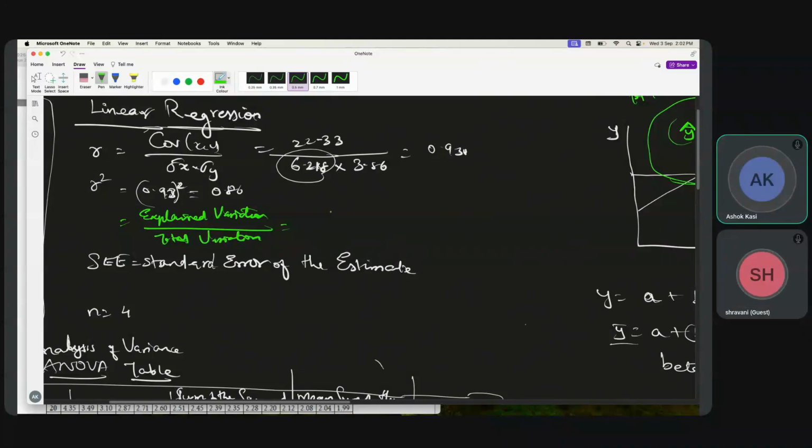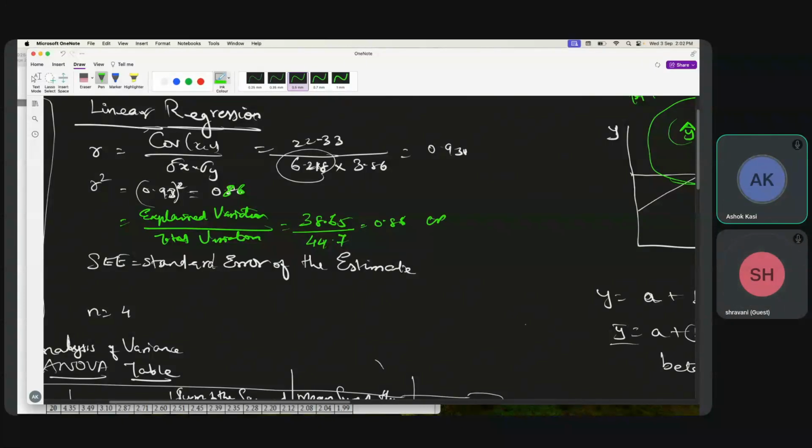So explained variation is how much? 38.65. And total variation was 44.7. Is it coming to 0.86? Yeah, 0.86.